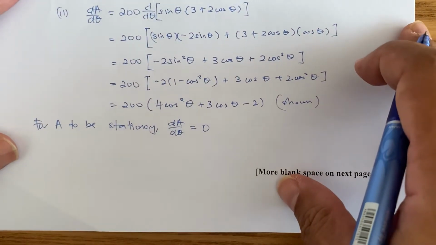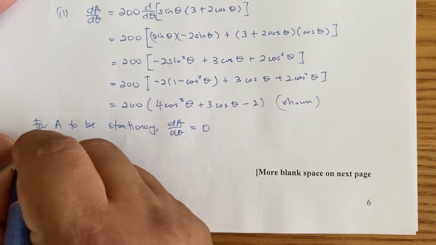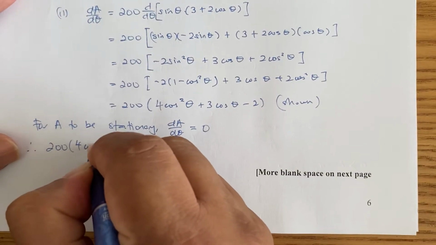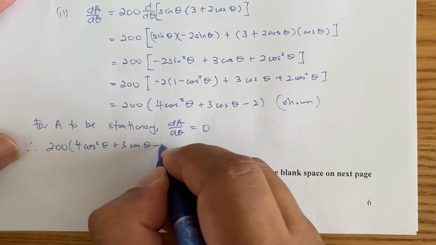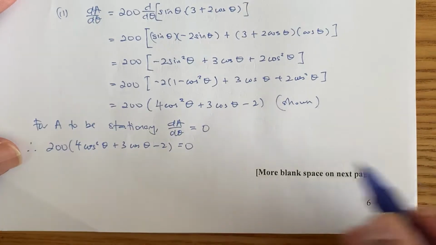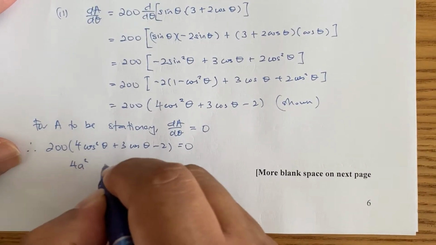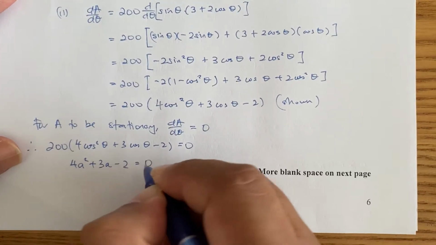So if I put this to 0, I have 200 times (4 cos²θ + 3 cos θ - 2) equals 0. Dividing by 200, let's say I put 4a² + 3a - 2 = 0.